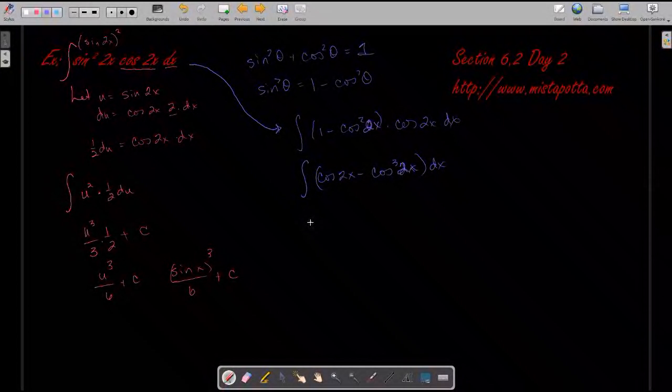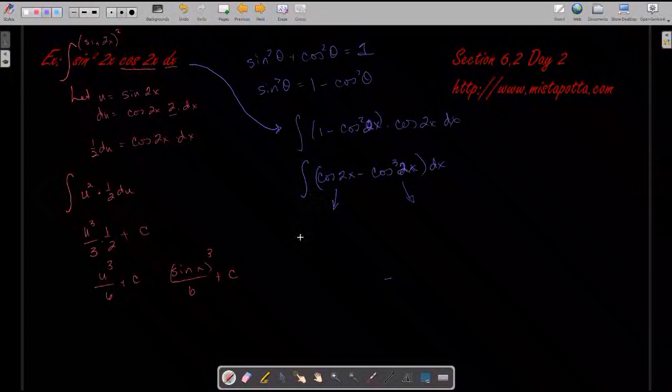And one of the properties that we had with derivatives is if I had a polynomial or the sum or difference of terms, the derivative of the sum was the sum of the derivatives. And that same property holds for antiderivatives. So I could find the antiderivative of each of these two functions separately and then just subtract the results.